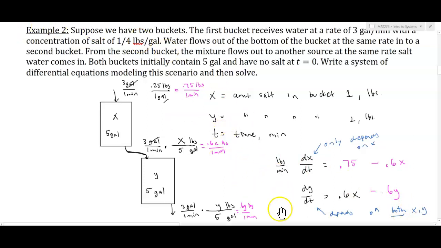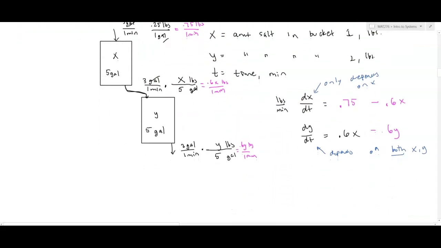So we want to eventually solve this, and we'll do that shortly, but let's just write the structure of these two equations. So this means that dx dt is only a function of x, and dy dt is some other function, not the same one. It's obviously different than this one up here, but that's a function of both x and y.